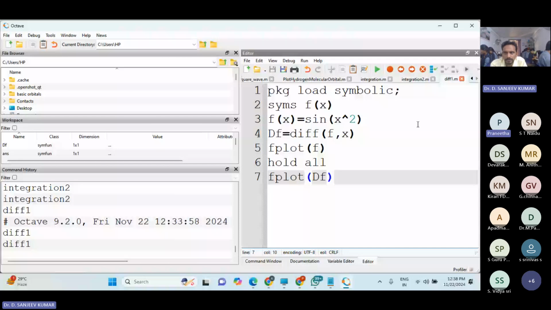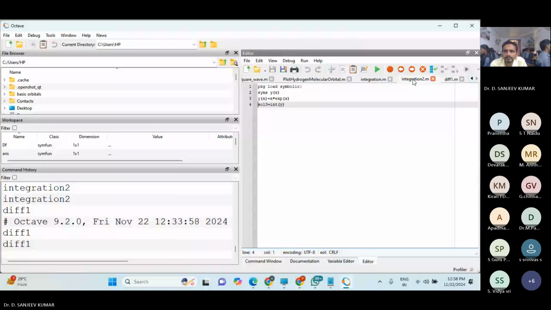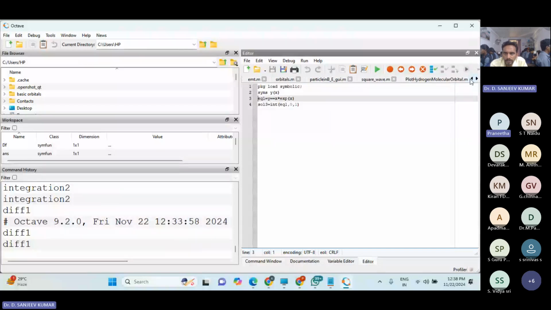That is the advantage. So with that, differentiation, integration and differential equation solutions are over.